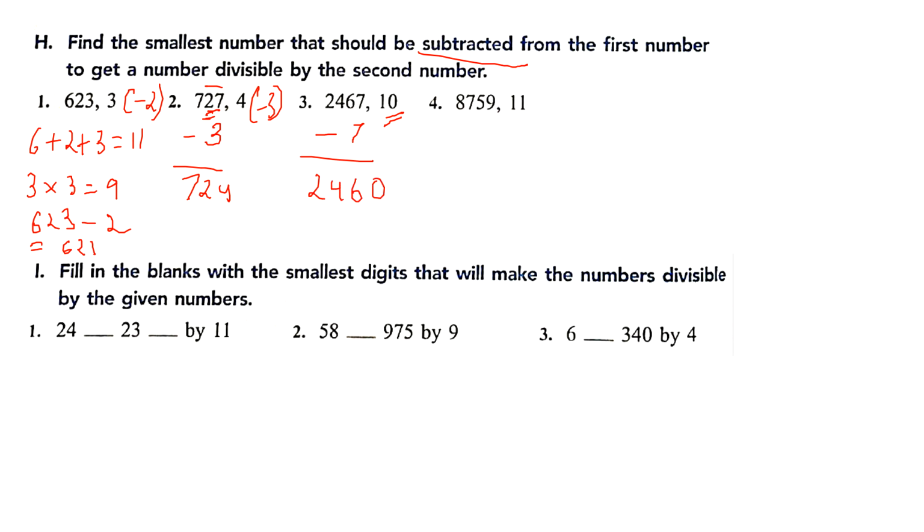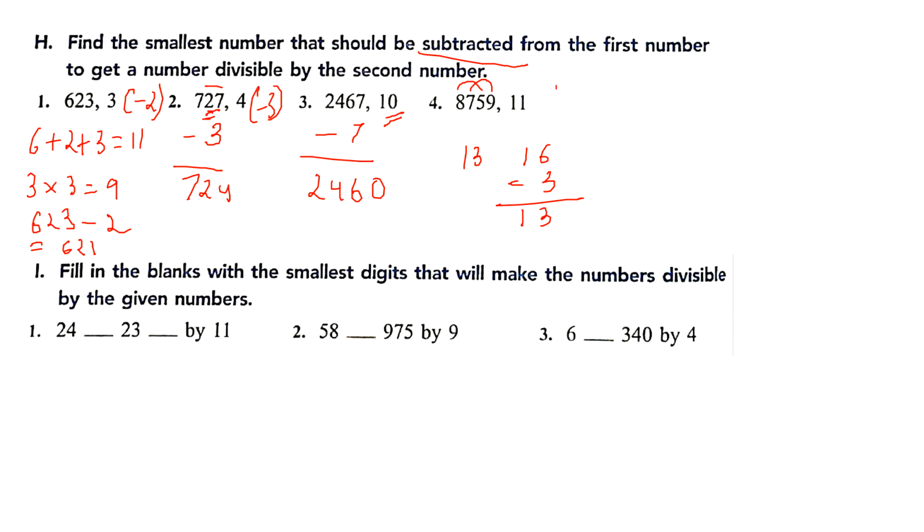And in the case of 11 here, add the alternate numbers. 8 plus 5, that's your 13. 9 plus 7 is 16. So you say 16 minus 13 will be 3, not divisible by 11. We have to make it divisible by 11. So in this, just subtract this and you will be getting a 13.